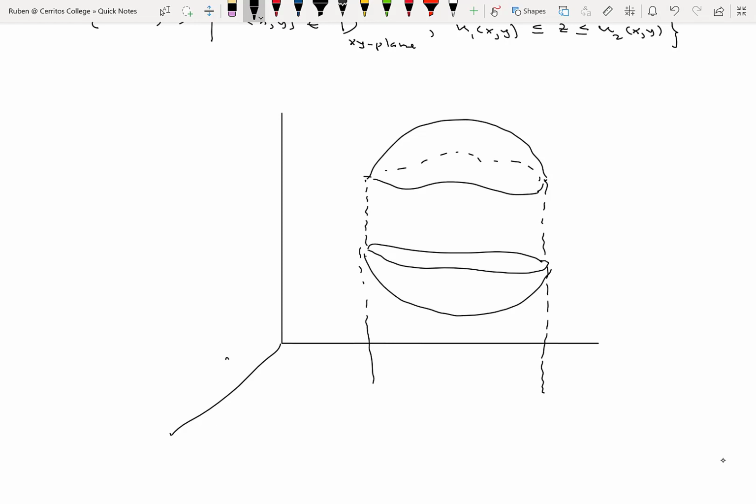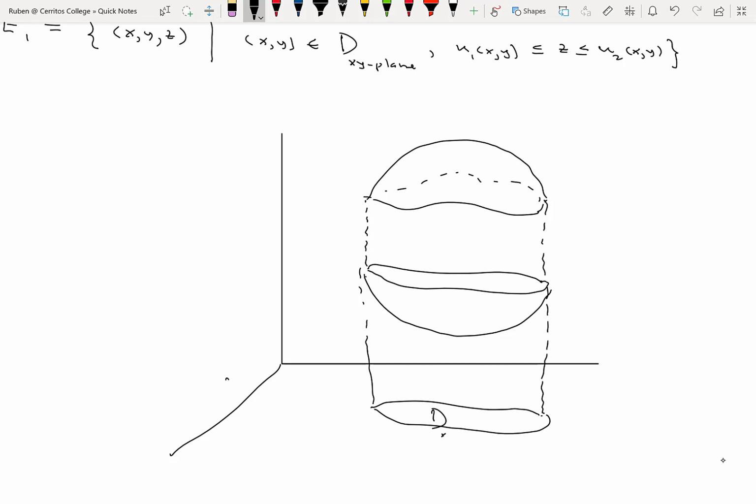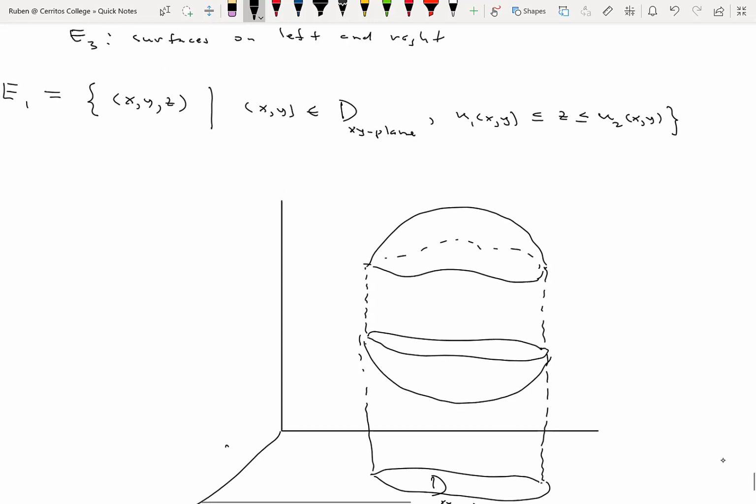Here's the projection in the xy plane, D. Okay, this is the D in the xy plane. So hopefully you can see that it's definitely of the first type that I mentioned.